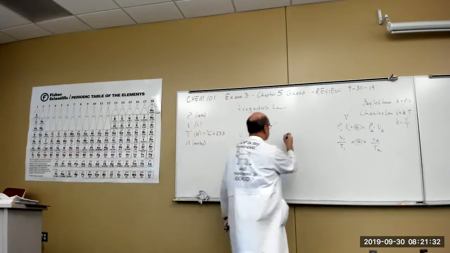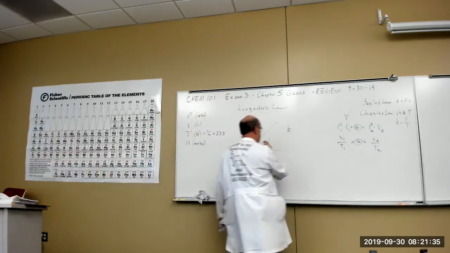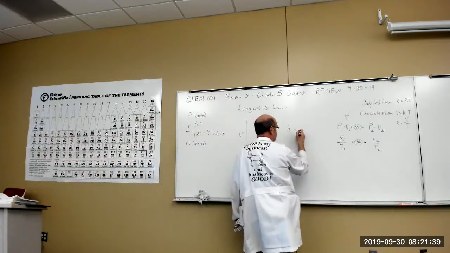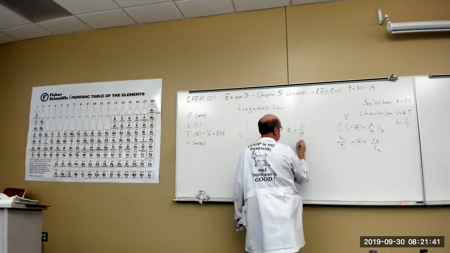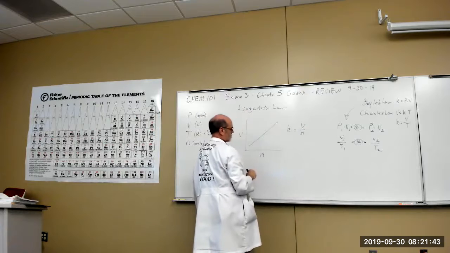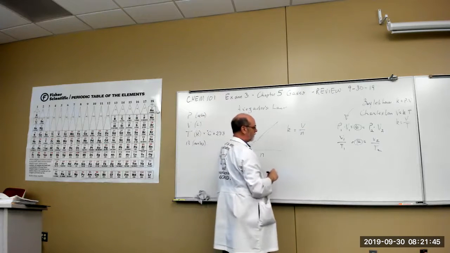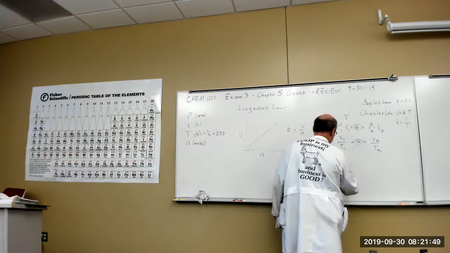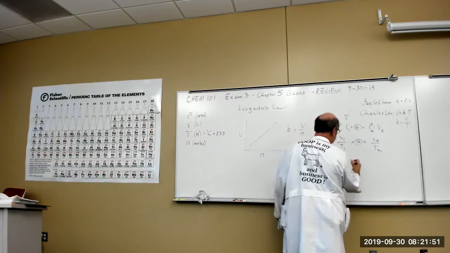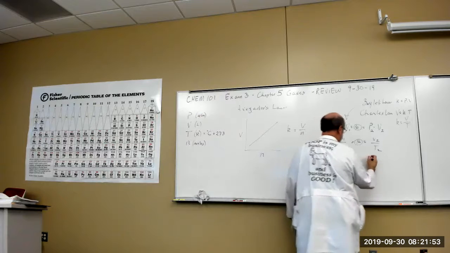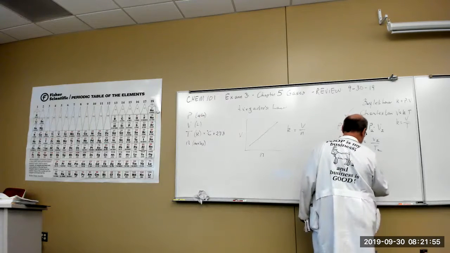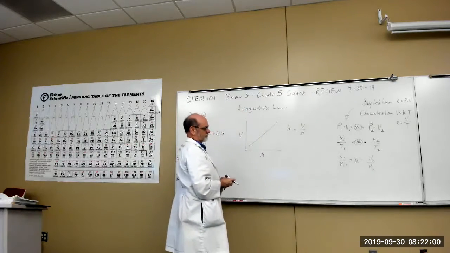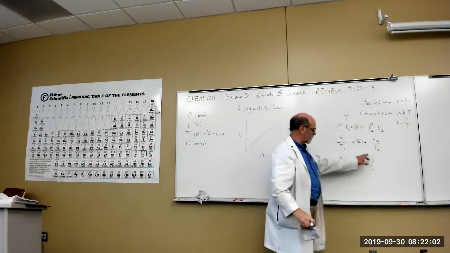That means this is a direct relationship because it's a positive slope, so volume divided by moles, by the same logic, the initial condition is equal to a constant, and the final condition is equal to that same constant. So V1 over N1 equals V2 over N2.